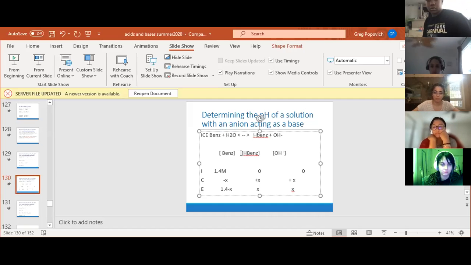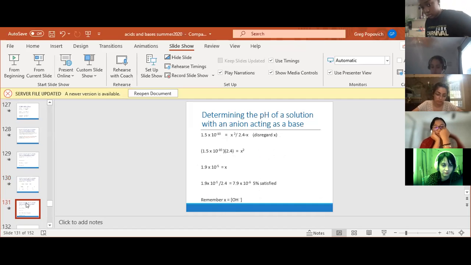You should be at this point. So I know what my Kb is. So my Kb is going to be equal to x times x, or x squared, divided by 1.4, because I'm going to disregard my x. I solve for x. My concentration is 1.9 times 10 to the minus 5th.